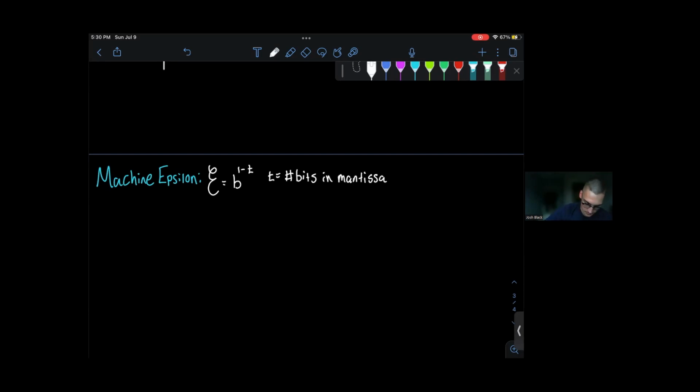Now, the way we're going to define our error bounds, we're first going to define chopping and rounding. They use machine epsilon a little bit differently.